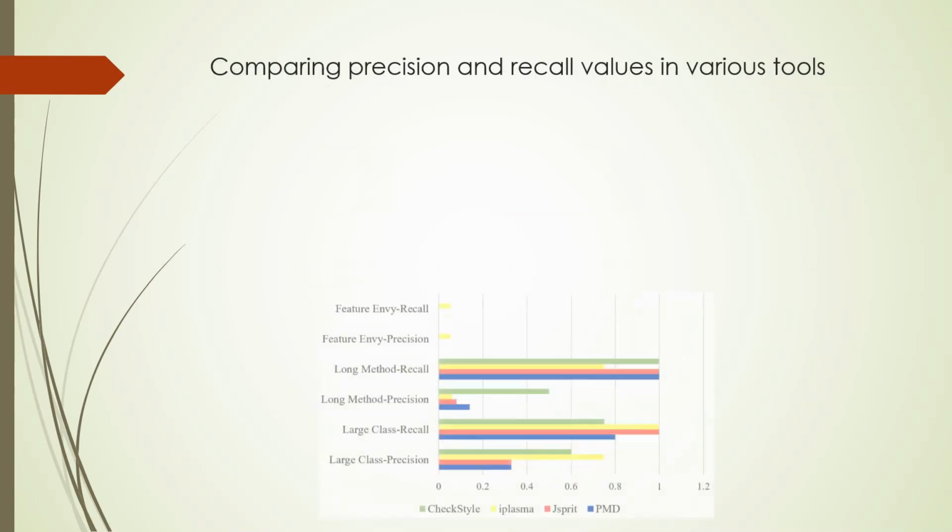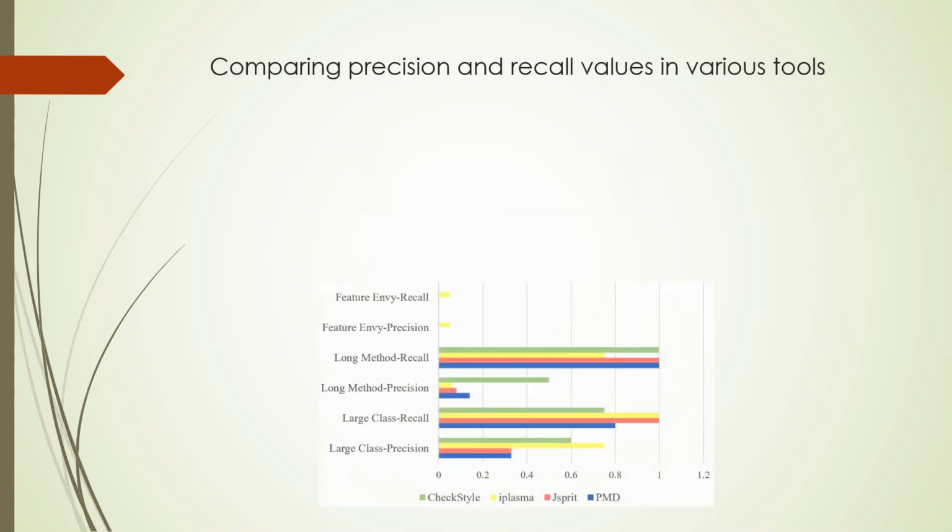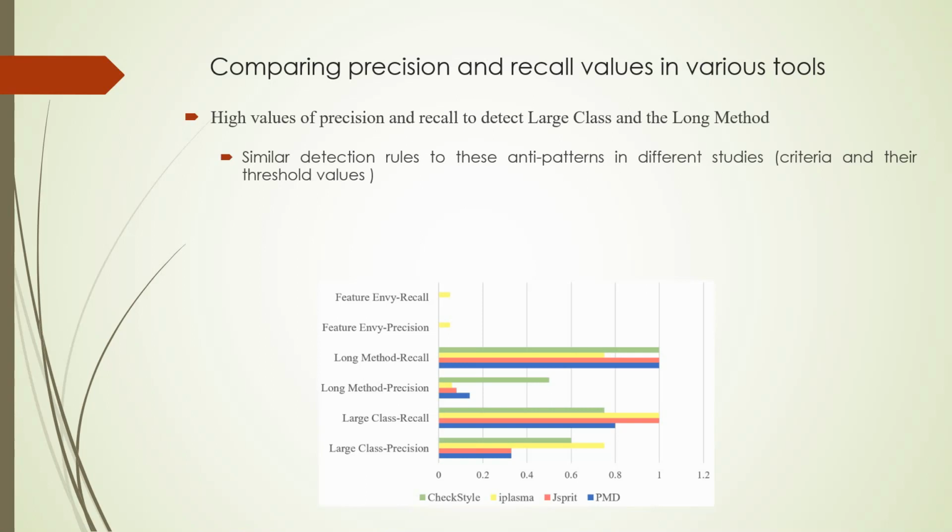This chart shows the precision and recall values for the various tools, and you can compare them with each other. It shows that in all considered tools, precision and recall values to detect large classes and long methods are high because the detection rules to detect these anti-patterns in various tools and the gold standard are similar.